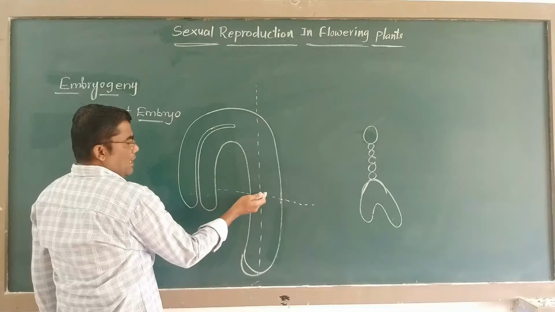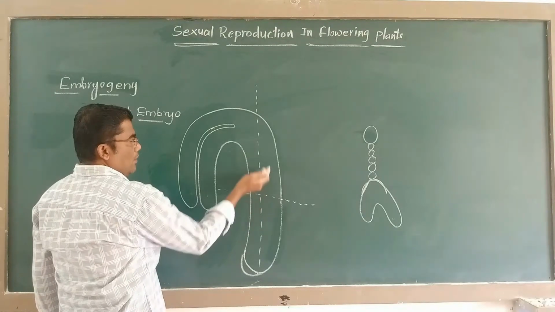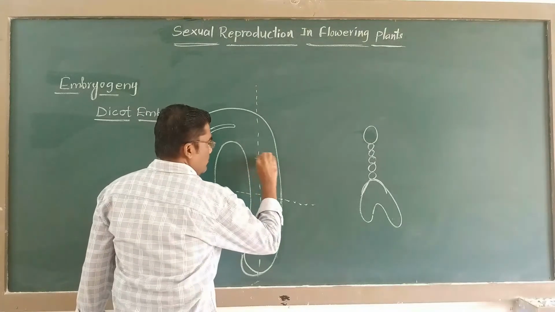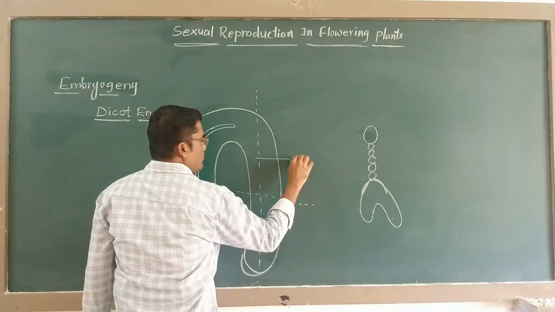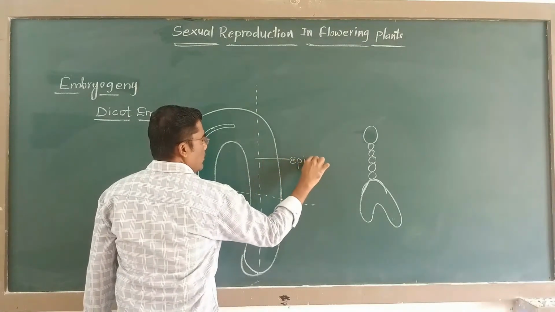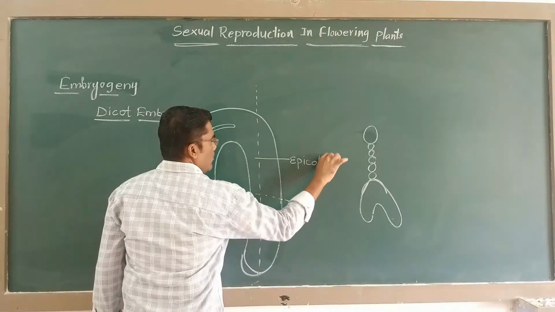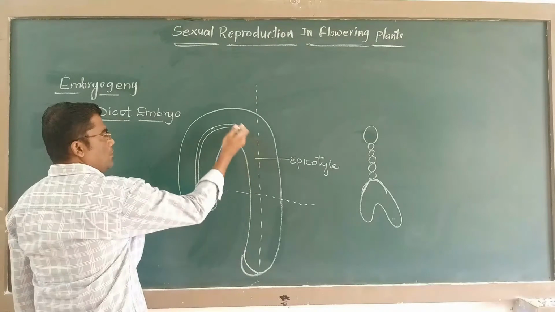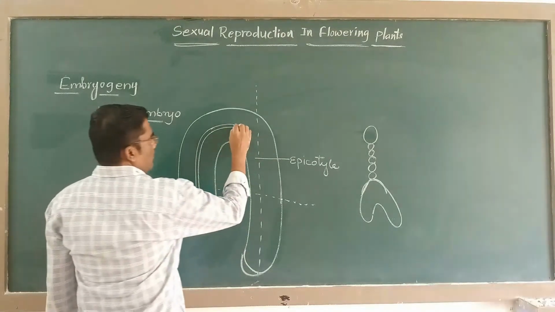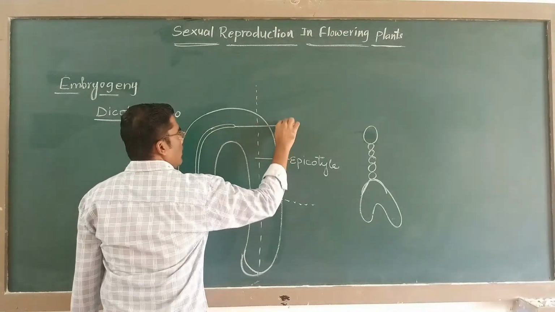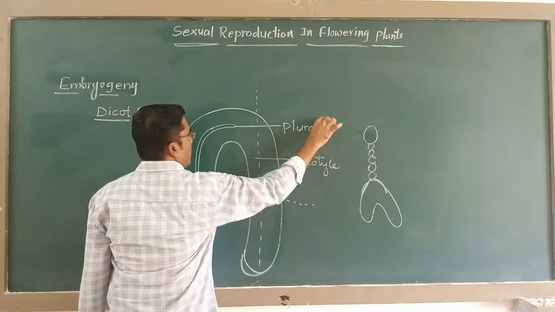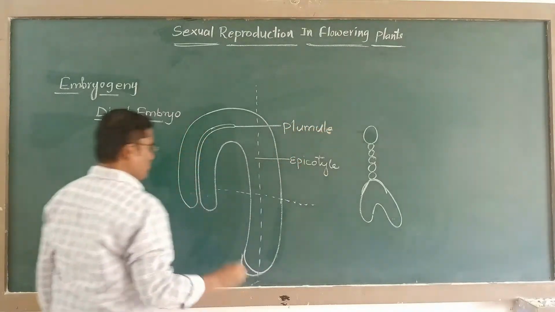Here the area which is present above the embryonal axis has become epicotyle. This is said to be the epicotyle, and this epicotyle further possesses the plumule, and we know that this plumule is responsible for the formation of shoot system.